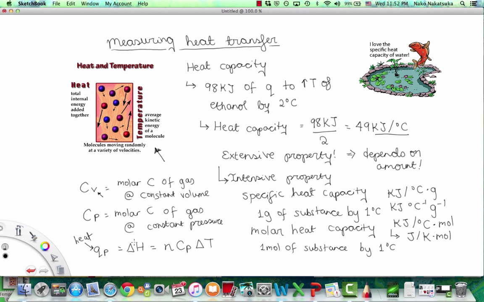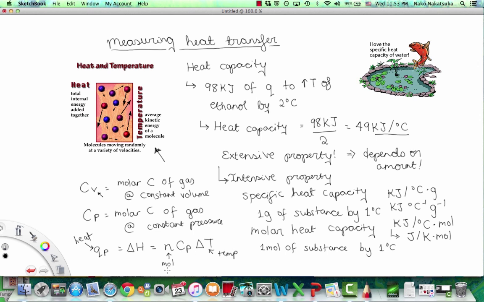This can also be written as nCp delta T, where n is the number of moles, Cp I have right here is the molar heat capacity of gas at a constant pressure, and finally delta T is a change in temperature.